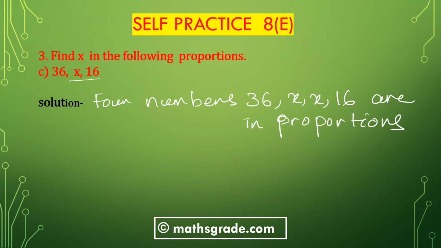We know if four numbers A, B, C, D are in proportion, then product of extremes is equal to product of means, that is, AD equals BC.